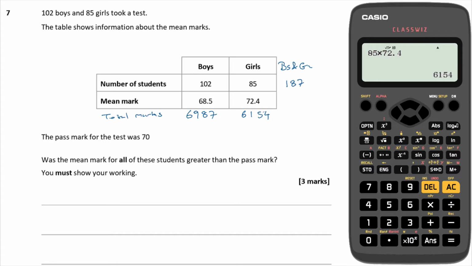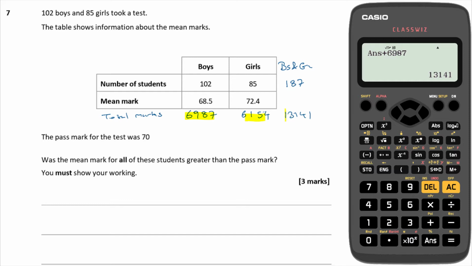We want to work out their mean mark. I know their total marks must be those two totals added together. So if you add those together, 6154 plus 6987, then I know that B's and G's together scored 13141. Okay, so then I can now work out the mean mark, can't I?